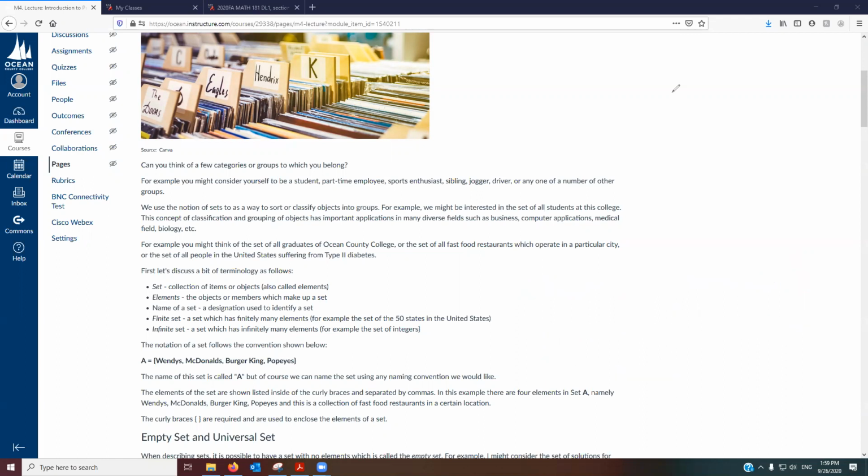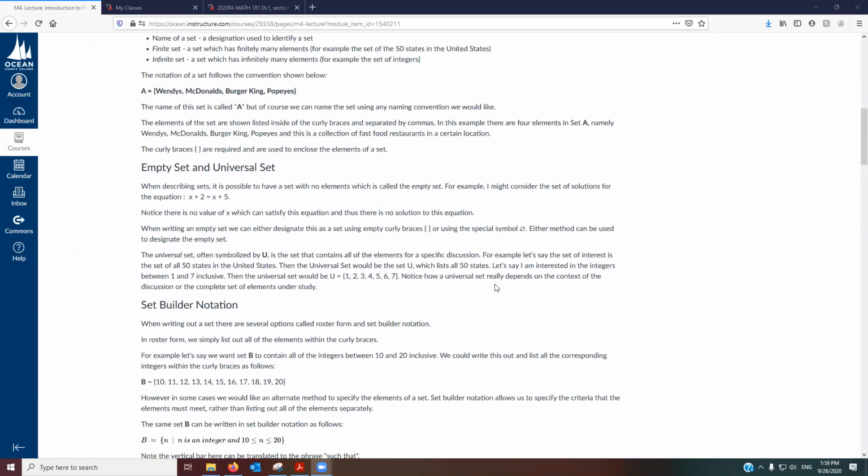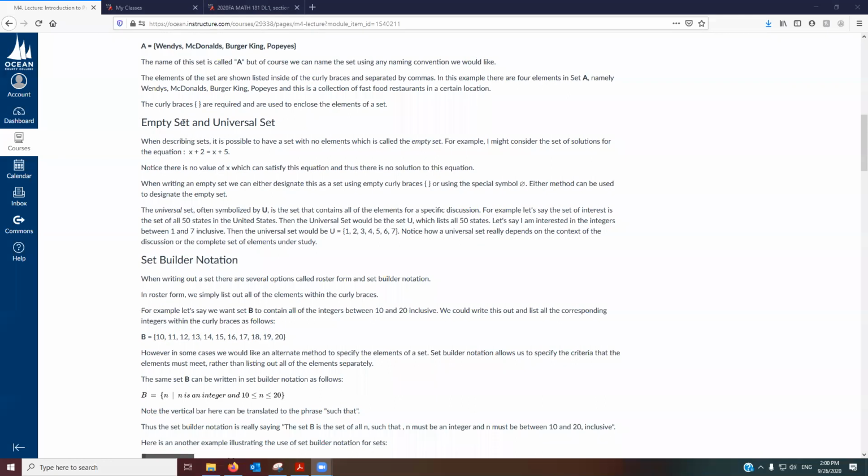All right, well, let me scroll down a little bit to give some more information. Okay, so we can have an empty set, as I mentioned. That means a set that looks like just empty curly braces. Sometimes we want to list out a universal set. We use the letter U for that.